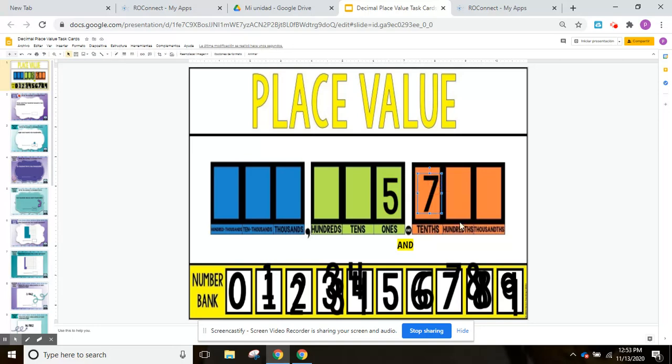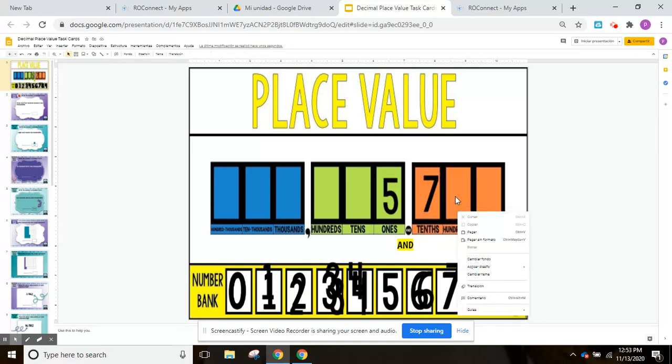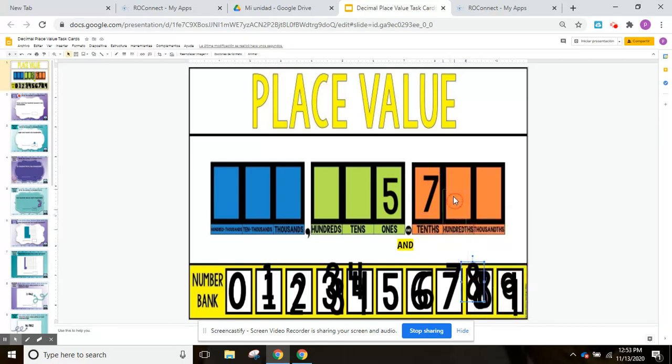So now let's try it with, I'm going to add an 8 and a 9. So if I want to read this number, it's going to be 5 and 789 thousandths. The 9 is the last digit, and it's going to be thousandths, because it's in the thousandths place.